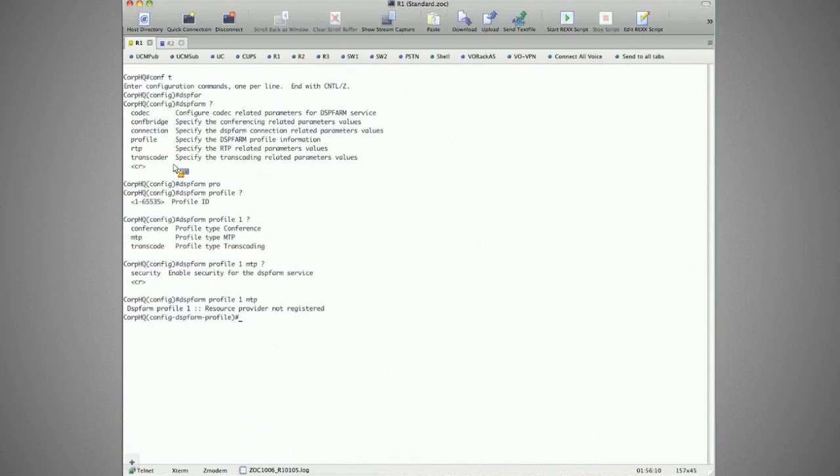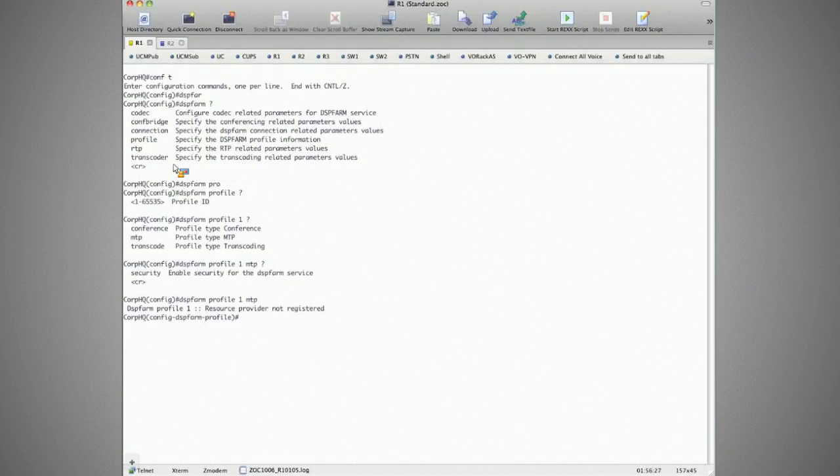Now we see so far resource provider not registered. Okay? So in other words, the provider that's going to be providing the resources to us, CUCM server, isn't yet registered.